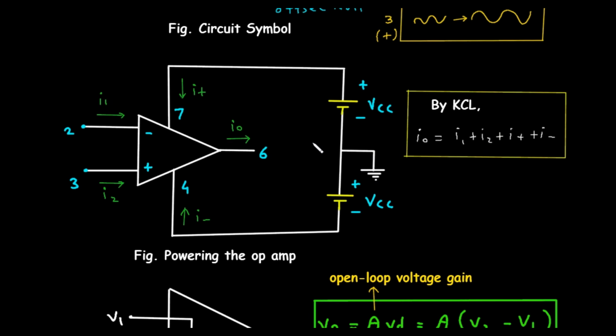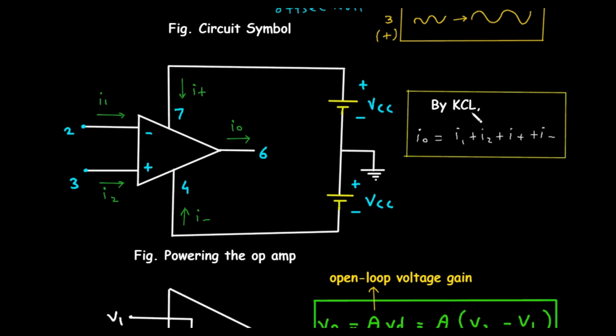Here we can see the currents are also shown: I1 and I2 are the currents flowing into the input terminals, which are this I plus and this I minus. Then there are the currents drawn from the power supply. So these are the currents from these power supplies. Then IO is the current leaving the output terminal. So this IO represents the output current.